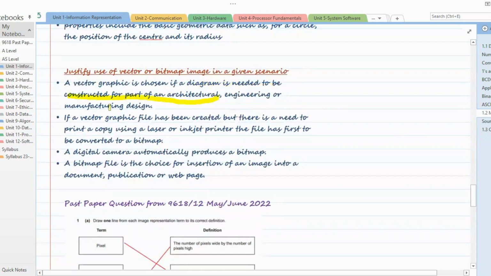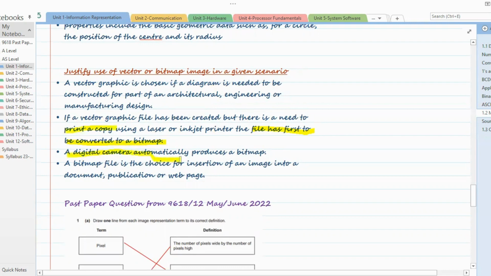So anything related to computer-aided design, architecture, engineering, manufacturing, we suggest vector graphics. If a vector graphic file has been created but there is a need to print it, then this file has to be converted to a bitmap image first, right?